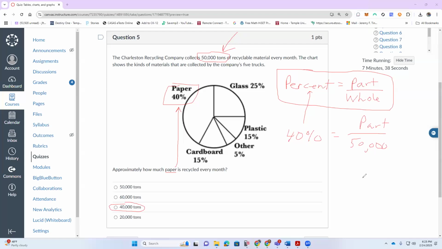The whole. Part is being divided by whole. What's the opposite of dividing by whole? Multiplication. Multiplying by what?